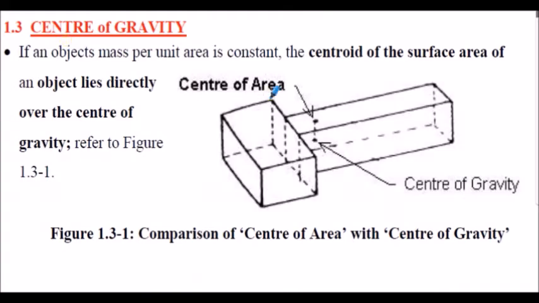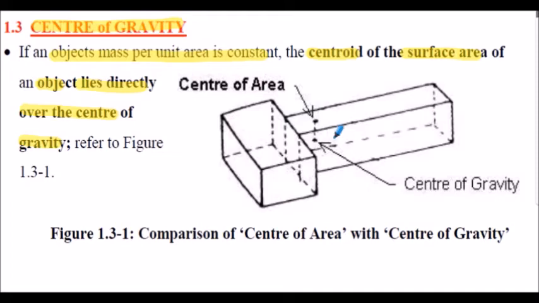Just a brief comparison here between the centre of gravity and centre of area. So centre of gravity. If the mass of an object per unit area is constant, then the centroid of the surface area of the object lies directly over the centre of gravity, as shown in the figure.